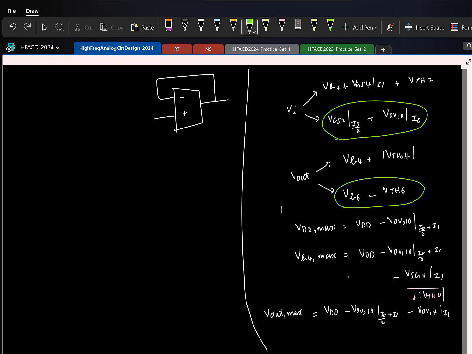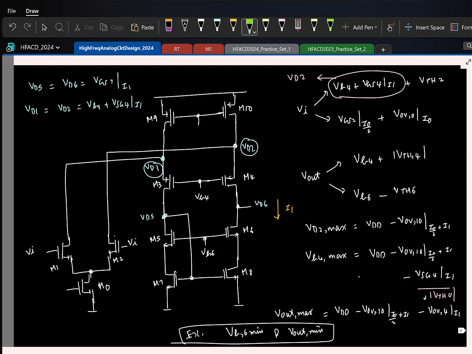If I put it in unity feedback, what should I look at? The higher of these two. Let me go to the circuit so that it's clear. One voltage I look at is this, VGS2 plus overdrive. The other voltage depends on VB6, which is this.